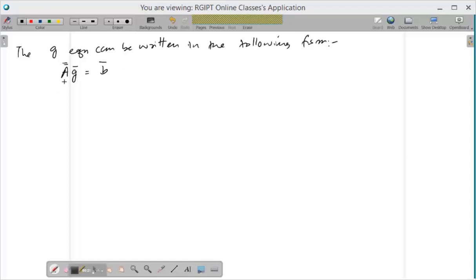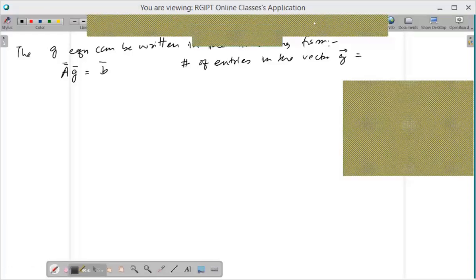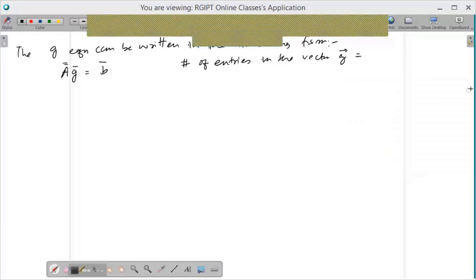And G, we all know what is G. G is something that we need to find out. So these are known. And G goes, so now tell me how many entries does G have? Number of entries in the vector G. N times n, absolutely.